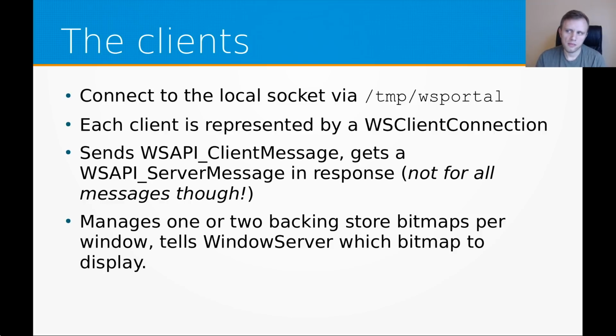Although not every client message expects a server message in response. You have to look at each message to see if there is a corresponding response message. Because for the things that have a corresponding response message, you want to wait synchronously in the client until the response arrives before you proceed and do anything else.